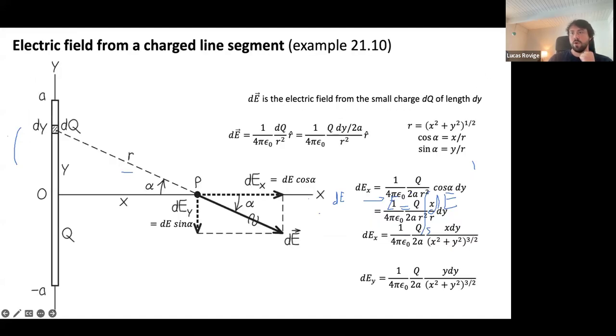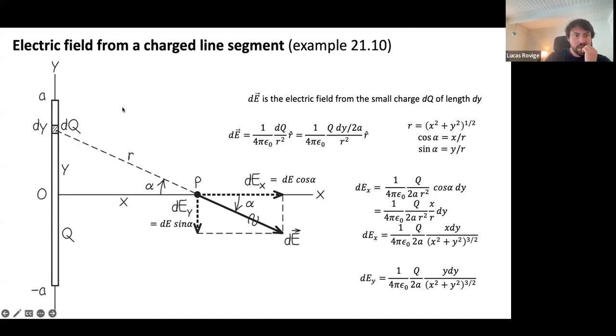Okay, so to make things more clear, let's do an example together and apply this method. This is an example from your textbook. If you want to redo it, you can use the slides, or you can check how it's done in the textbook. I'm using basically the same derivation, I think.